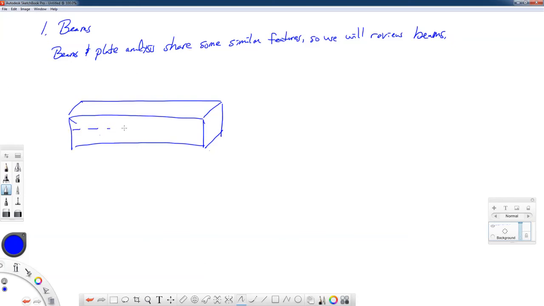And we'll have a neutral axis that I'll dash in here. That will be the location of zero strain on our beam. Now initially we're going to just take a look at pure bending. So that will be right at the centroid location of our beam.